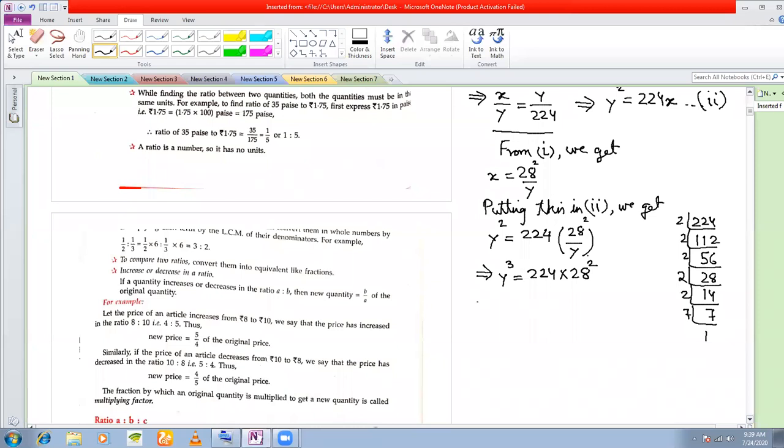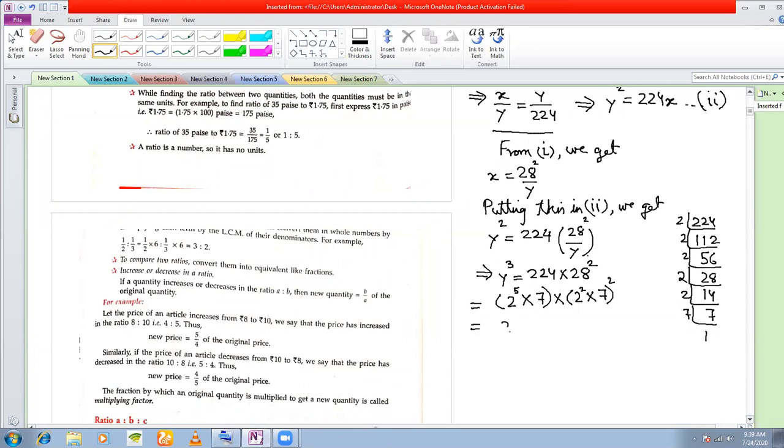So what do you get? In place of 224 you can write, how many 2's are there? 5. So 2 to the power of 5 into 7. And what about 28? 28 is 2 square, 4 into 7, right? So 2 square into 7 is the prime factorization of 28 square.